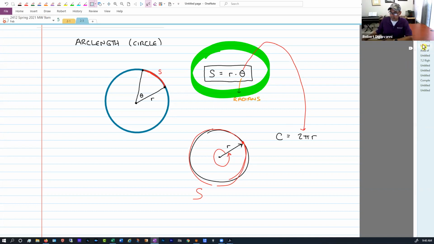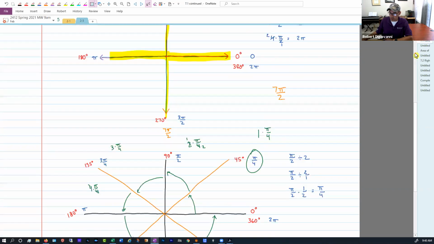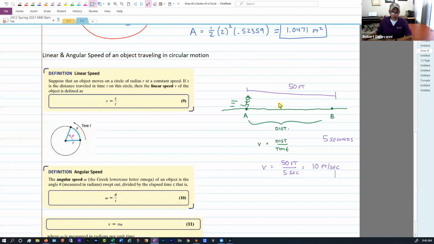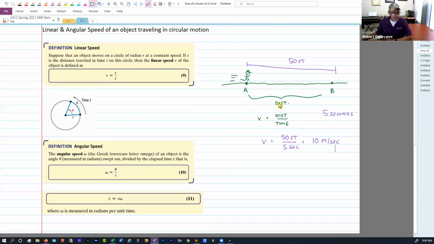All right, back to what I was talking about here. Okay, so back to this speed stuff. So the linear speed: suppose that an object moves on a circle with a radius r at a constant speed. If s is the distance traveled in time t on this circle, then the linear speed v is just s over t.